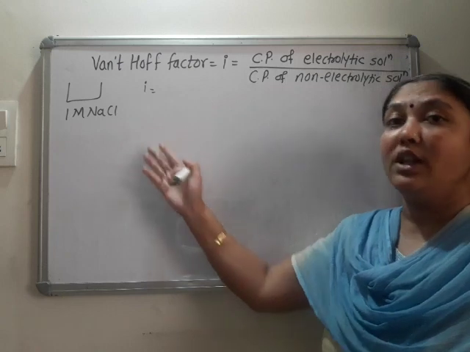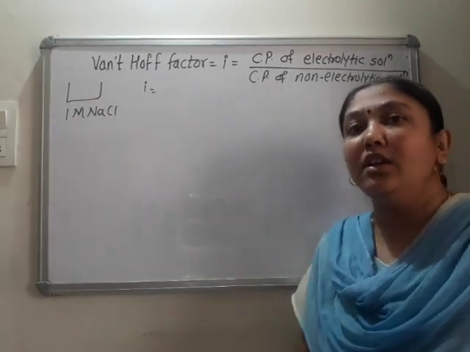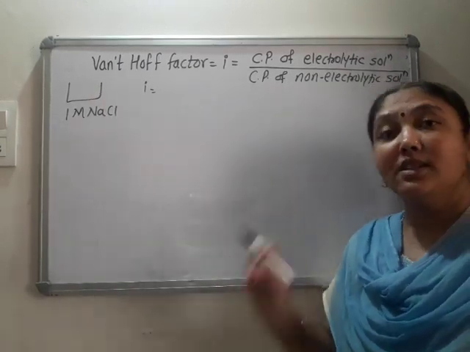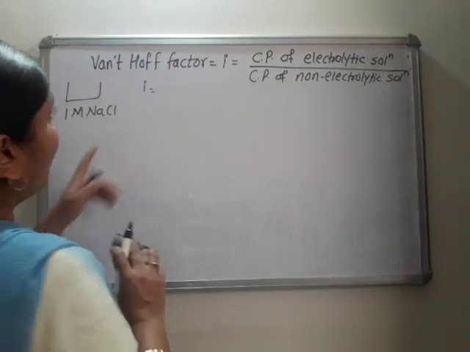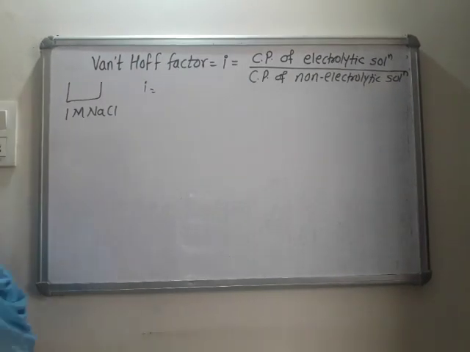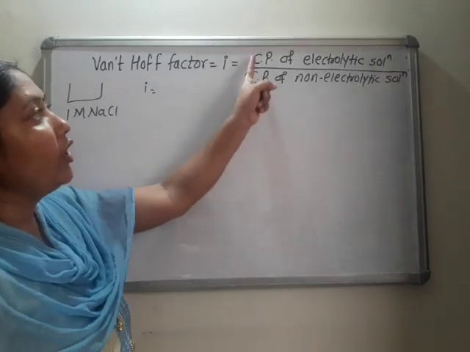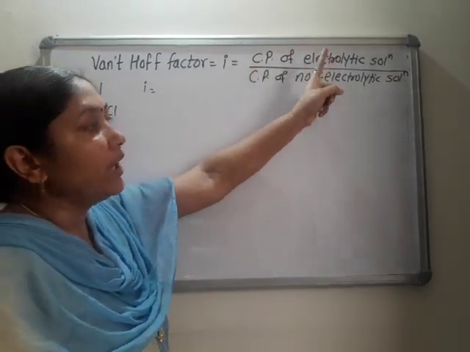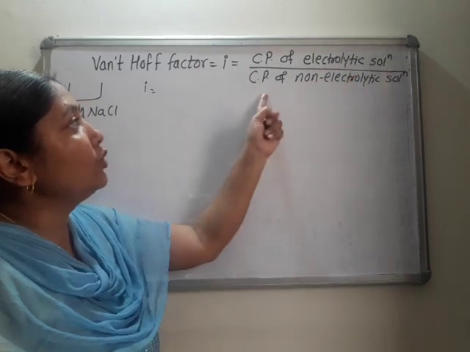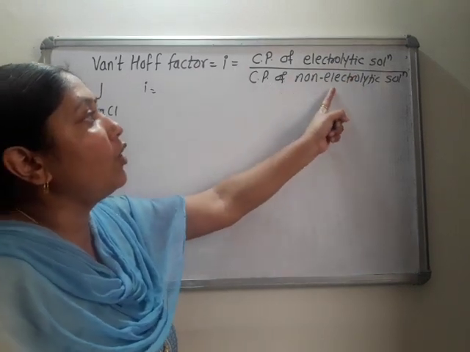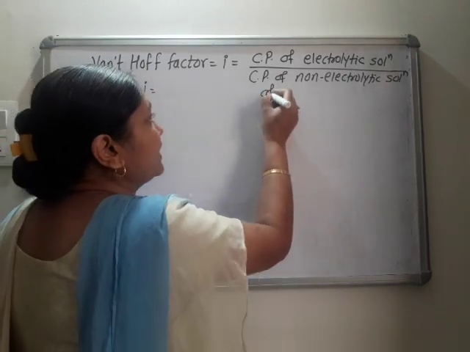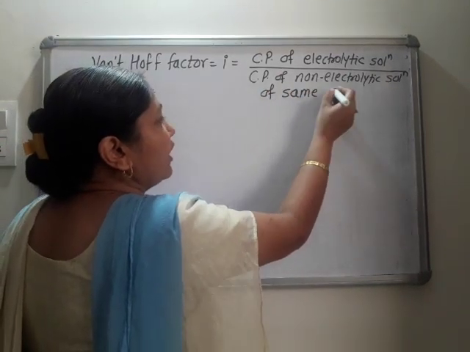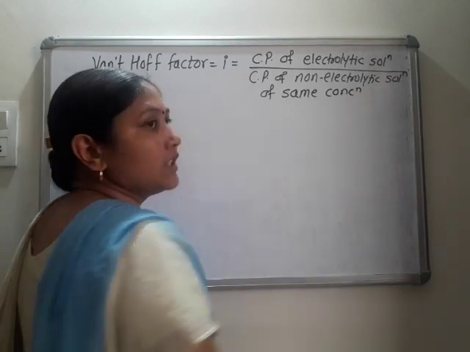So 2 upon 1 is the Van 't Hoff factor for NaCl. Clear? So the Van 't Hoff factor is the ratio of the colligative properties of an electrolytic solution to the colligative properties of a non-electrolytic solution of the same concentration. Both should have the same concentration.